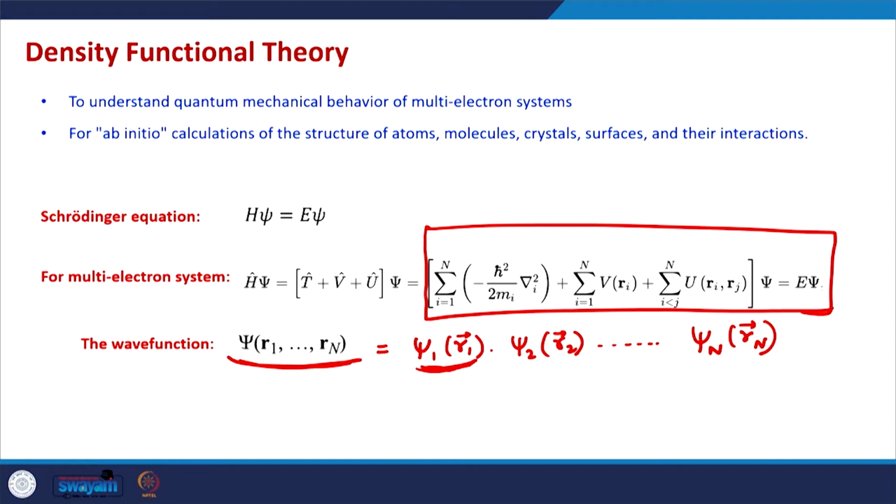And this n-electron wave function is a function of 3n variables now, and that's a problem actually.